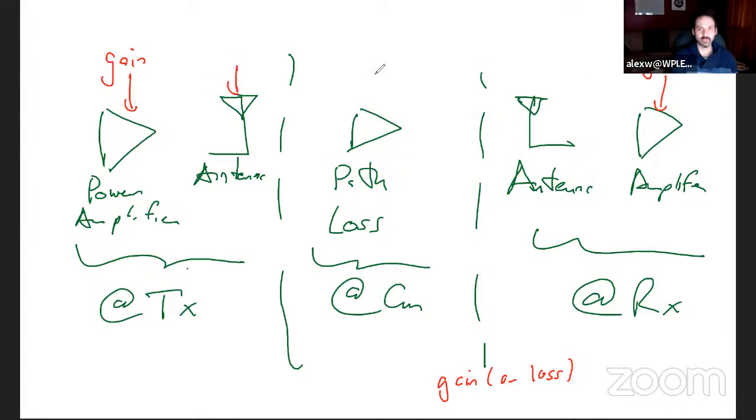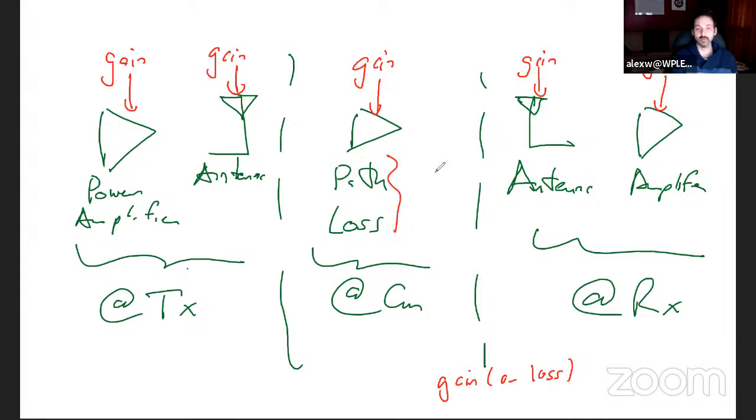Antennas, surprisingly, have a gain. We usually measure those gains off of things like, for instance, an isotropic antenna, and I'll explain what the heck that means. But there's a gain there, right? Different antennas have different gains. And very, very importantly, the space, right?